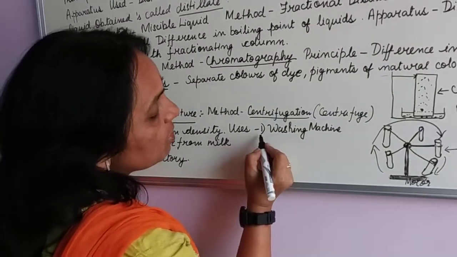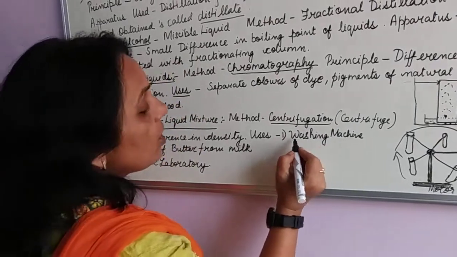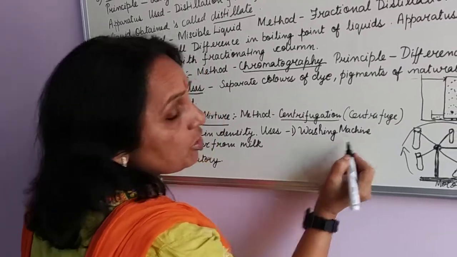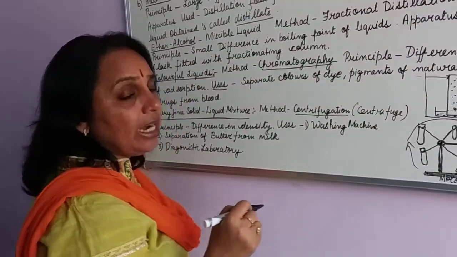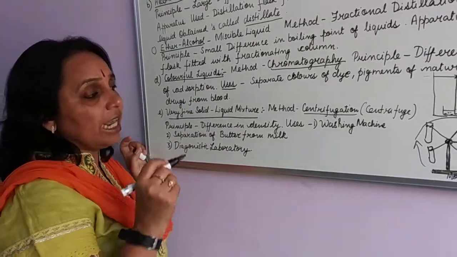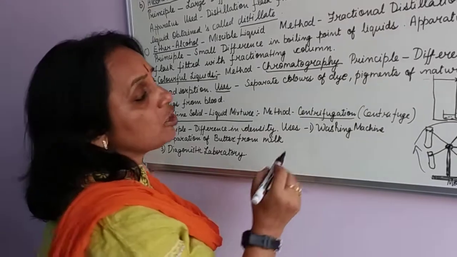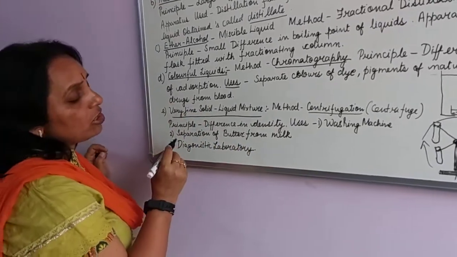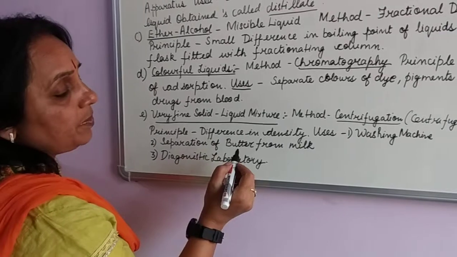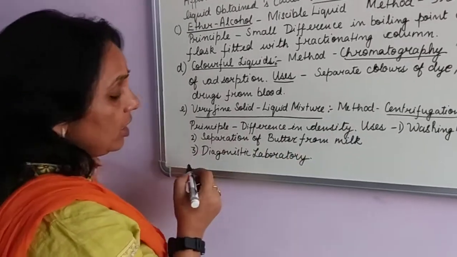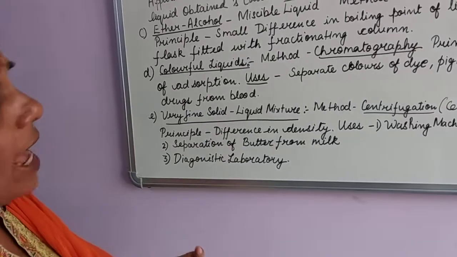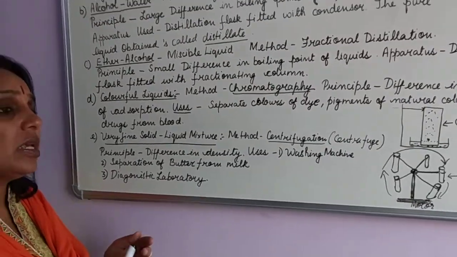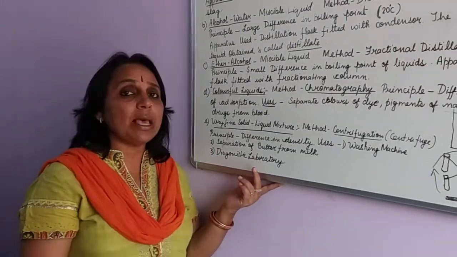It is also used in washing machines. As you know, in washing machines, the clothes are dried by spinning, and the technique used is nothing else but centrifugation. It is also used in separation of butter or cream from milk. It is also used in diagnostic laboratories where the various components are separated.